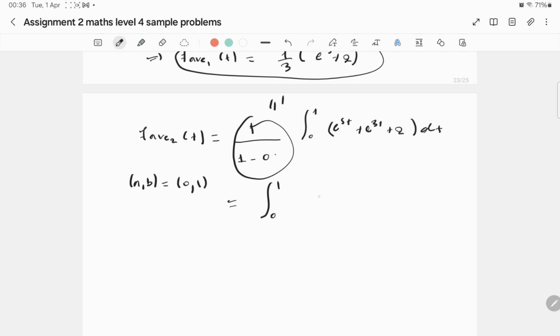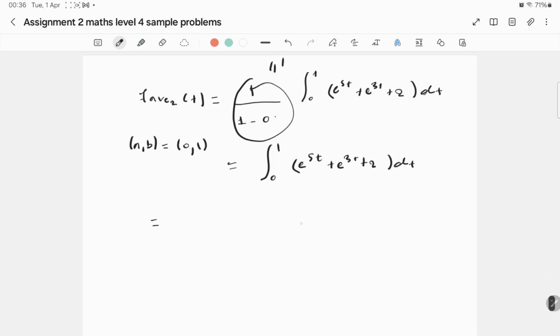So I have the integral from 0 to 1 of this function, e to the power of 5t plus e to the power of 3t plus 2 dt. I split up the integral. So I have the integral from 0 to 1 e to the power of 5t dt plus the integral from 0 to 1 e to the power of 3t dt plus the integral from 0 to 1 2 dt.